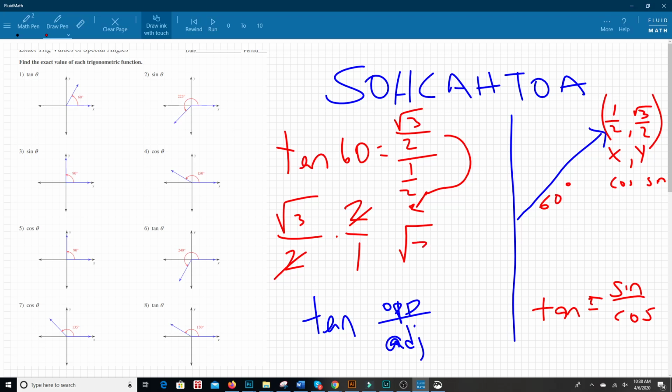We're left with radical 3 as the answer. Radical 3. You guys got it? Right? Let's try another.